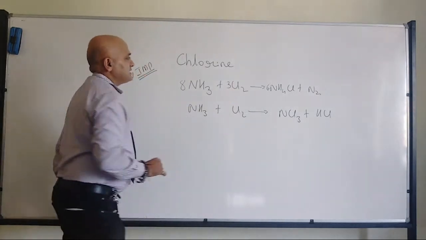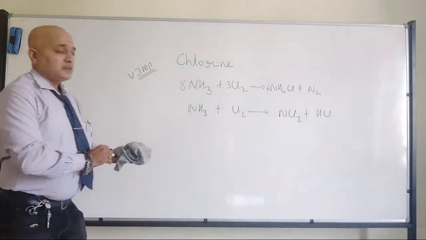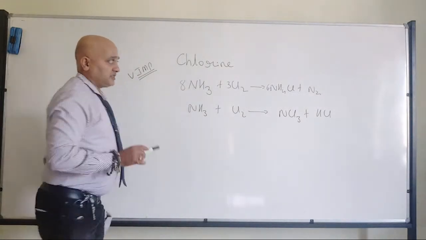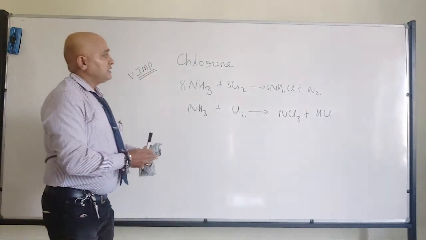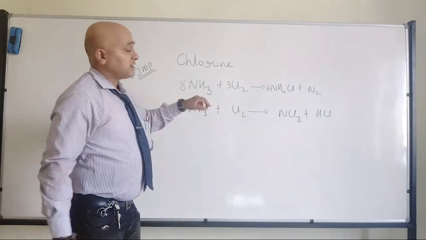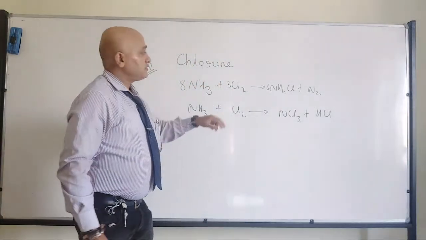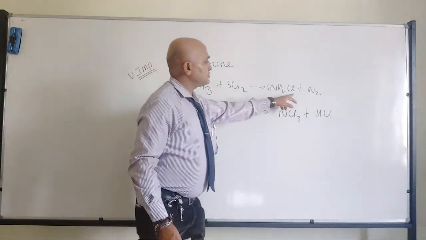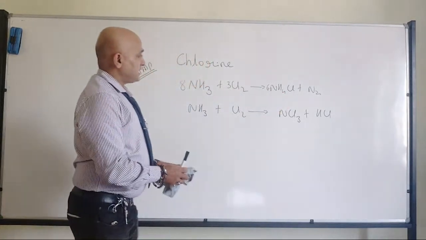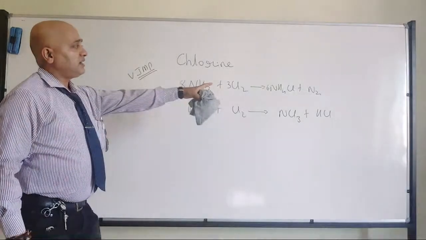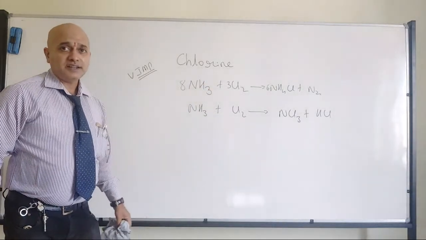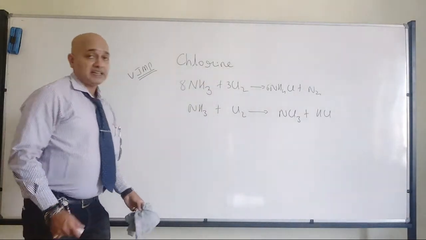Okay, done. It is balanced. Yes. So first I tried with nitrogen. I will tell you where I made a mistake: nitrogen comes 3 times, so instead I should have gone for chlorine. Chlorine comes only 2 times. So therefore I started with chlorine. Now this equation is balanced.